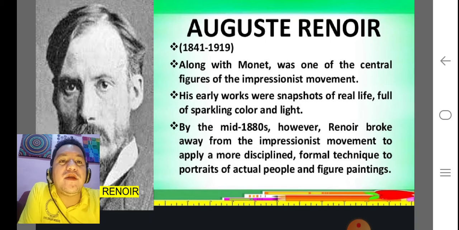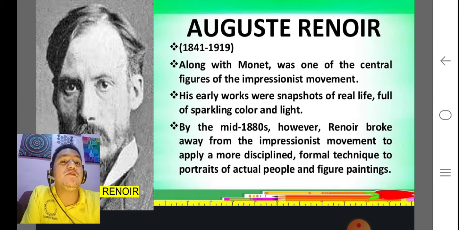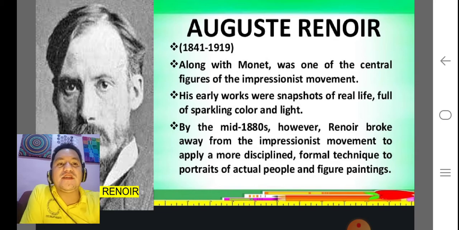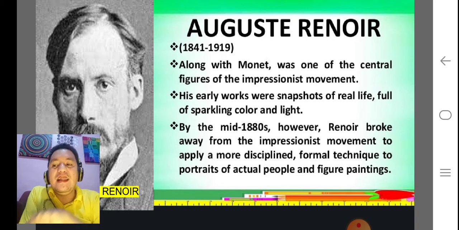Next, let us have now Auguste Renoir. Okay, that's how you pronounce it. It's Auguste Renoir. Along with Monet, he was one of the central figures of the Impressionist movement. His early works were snapshots of real life, full of sparkling color and light. That is the characteristic of his works. Take note of this, snapshots of real life.